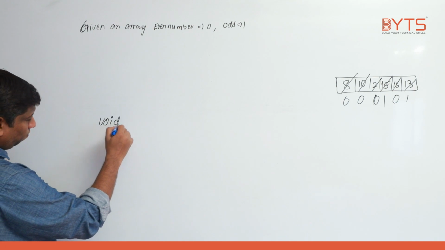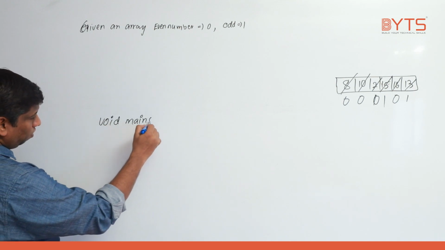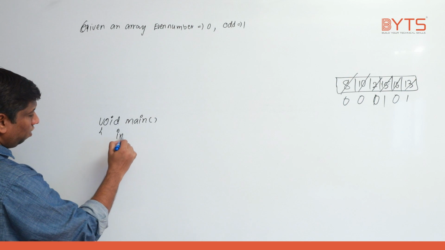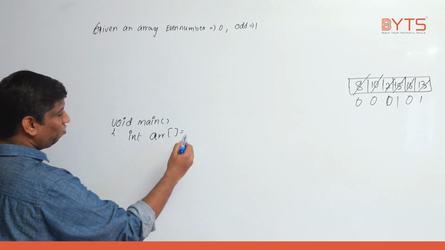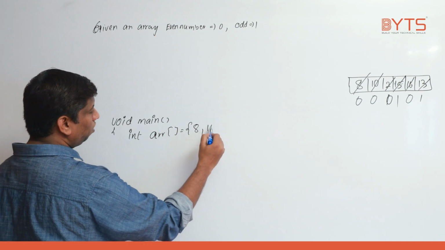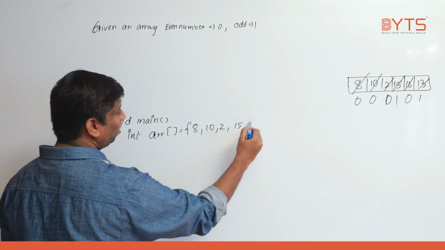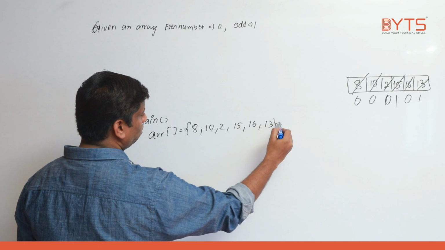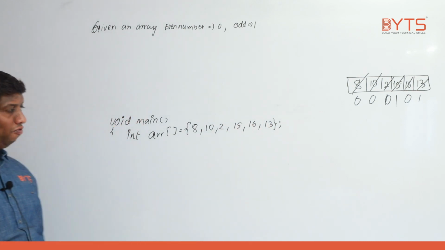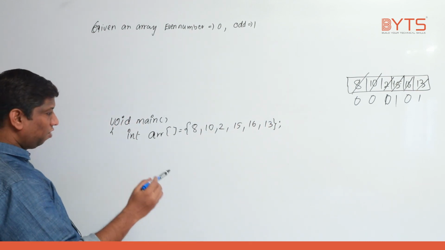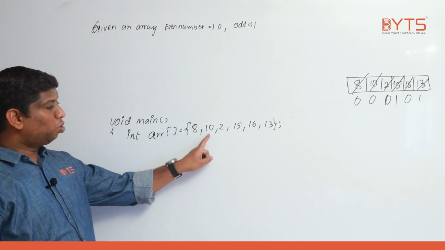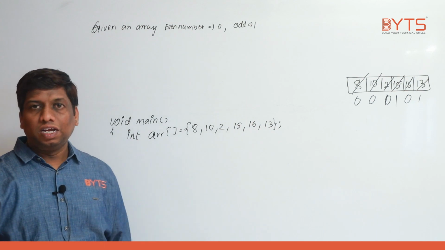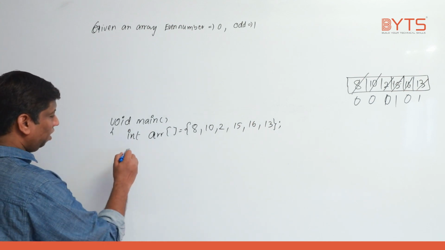Void main. int ARR array is equal to, let me take the same array, 8, 10, 2, 15, 16, 13. This is the array we have. Okay, fine. Next, listen carefully. Always we are interested to find the number of elements. How many elements are there? 1, 2, 3, 4, 5, 6. Instead of writing like this, what can I write?